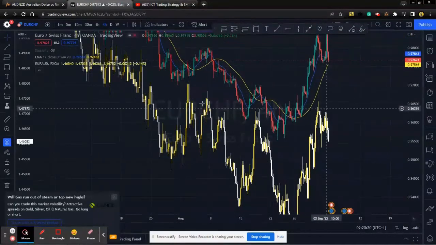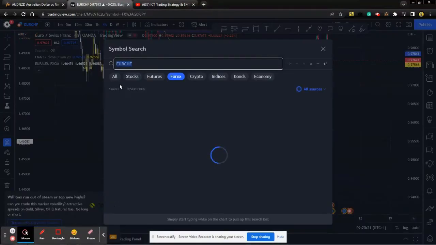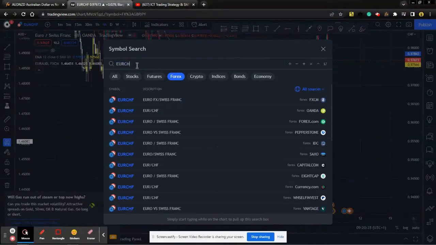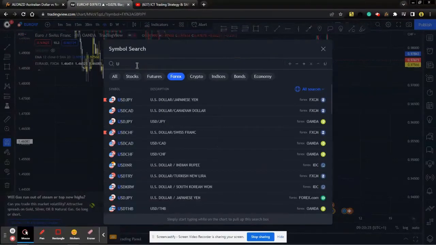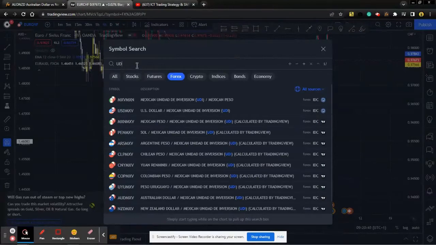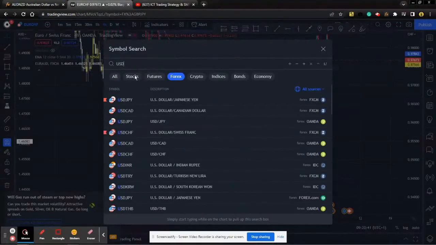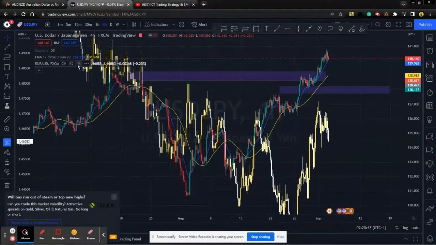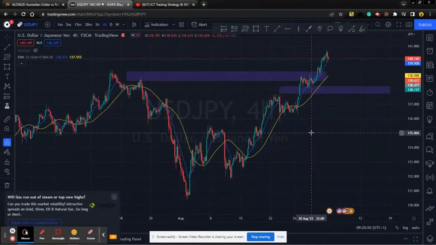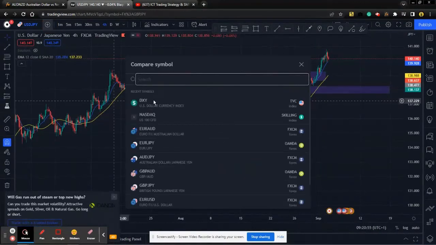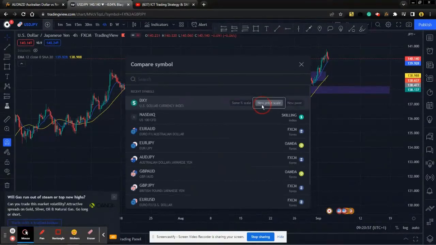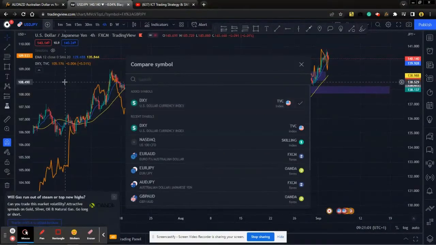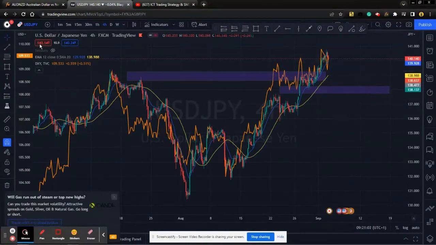Another example that I want to talk about is USD JPY, and I've added the US dollar index.